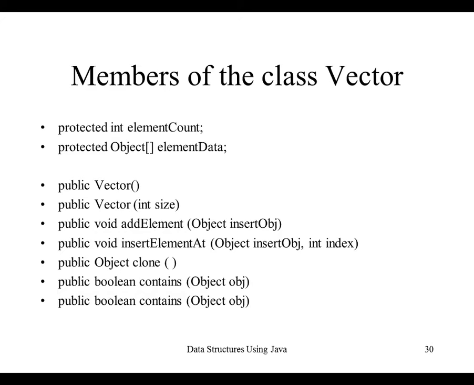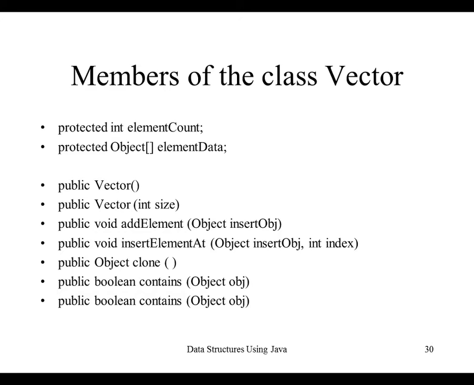This creates an empty vector of the length specified by size. The methods are the following: public void addElement(Object insertObj). This adds the object insertObj at the end.